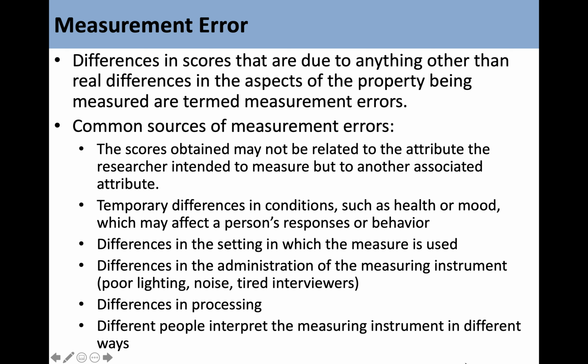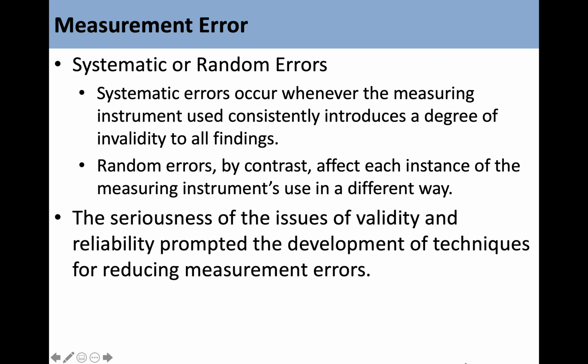Temporary differences in conditions such as health or mood, which may affect a person's responses or behavior. Differences in the setting in which the measure is used. Differences in the administration of the measuring instrument, poor lighting, noise, tired interviewers. Differences in processing. Different people interpret the measuring instrument in different ways, and that can all cause measurement error.